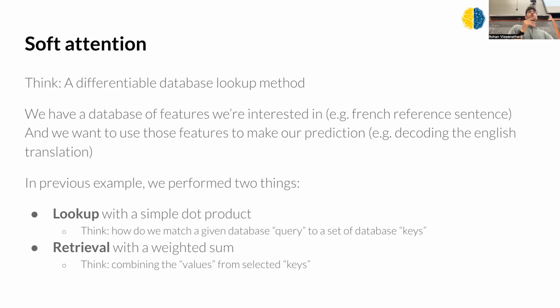We're doing this lookup using a dot product, and there are different ways that we can do this lookup, and the retrieval is a weighted sum. So we're taking our keys, doing some sort of lookup, and then our values are a weighted sum of the different values that we've come up with, where the weights are the result of the dot product. This weighted sum is based on the values, which are now implicitly weighted based on our dot product.